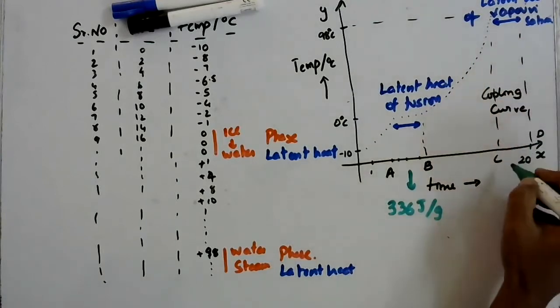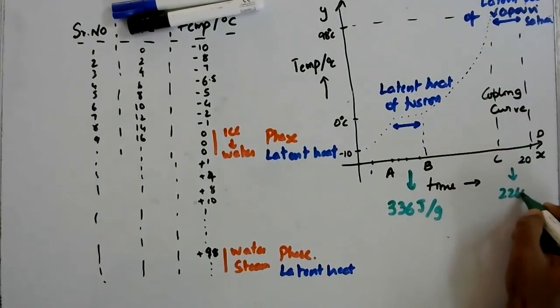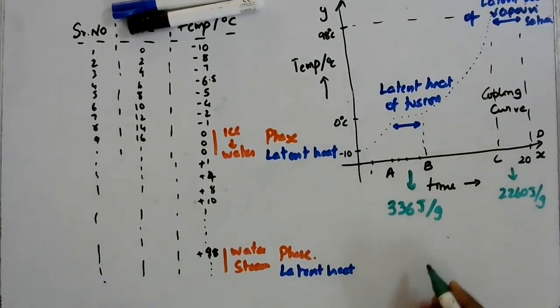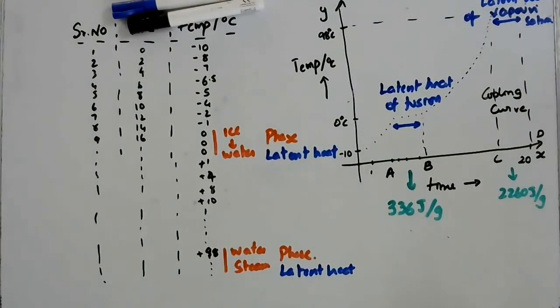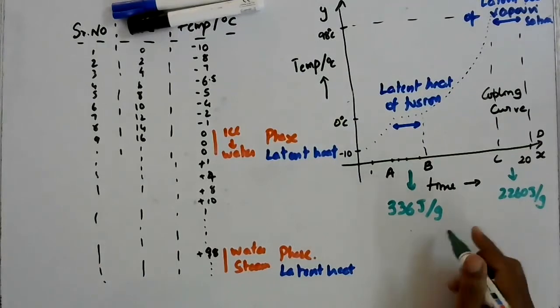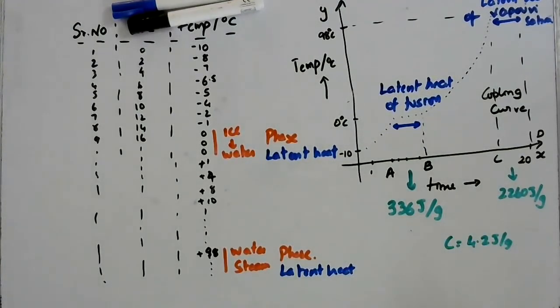Similarly, there is also a latent heat of vaporization for water, which is approximately 2260 joules per gram. So there is a huge difference in the values of latent heat of fusion and latent heat of vaporization for essentially the same substance. And you can also compare it with the specific heat capacity of water, which is 4.2 joules per gram degree Celsius, because this is the amount of energy required to raise 1 gram of water by 1 degree Celsius.